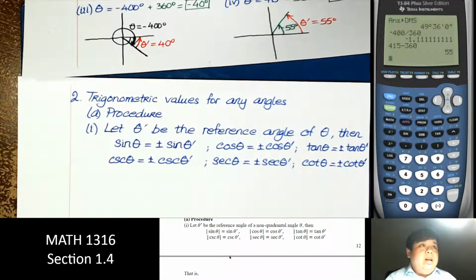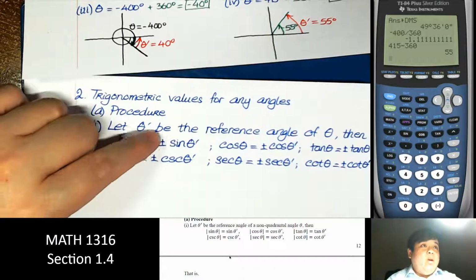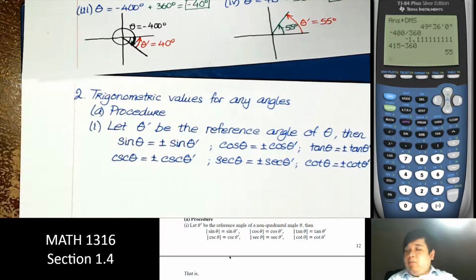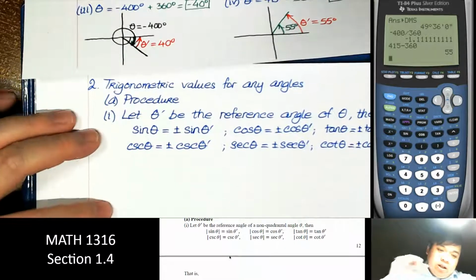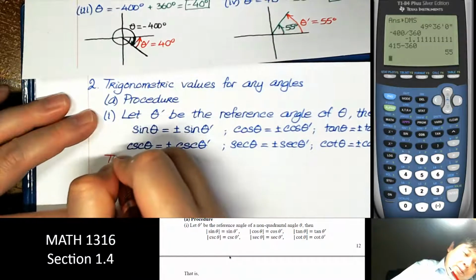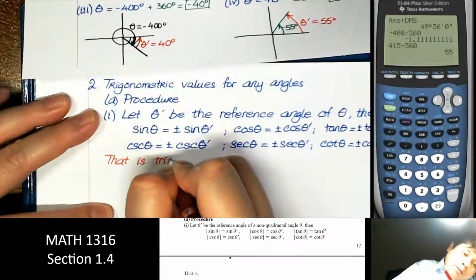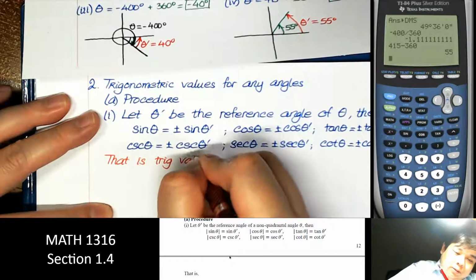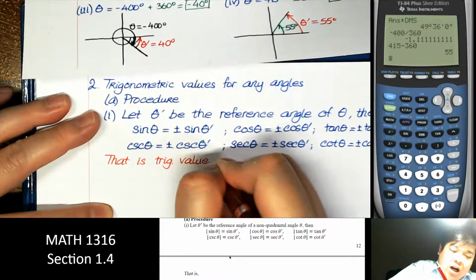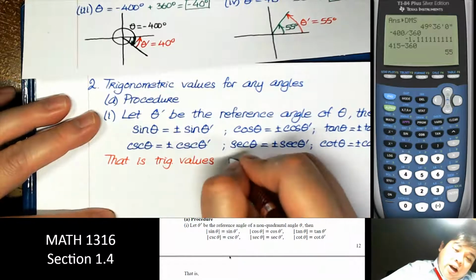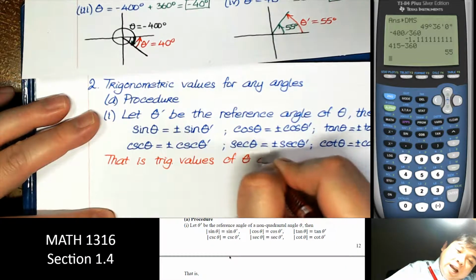So the only difference here is from an angle to a reference angle. It can only be different by the sign. So that is the important thing. That is trigonometric values of an angle and the reference angle.